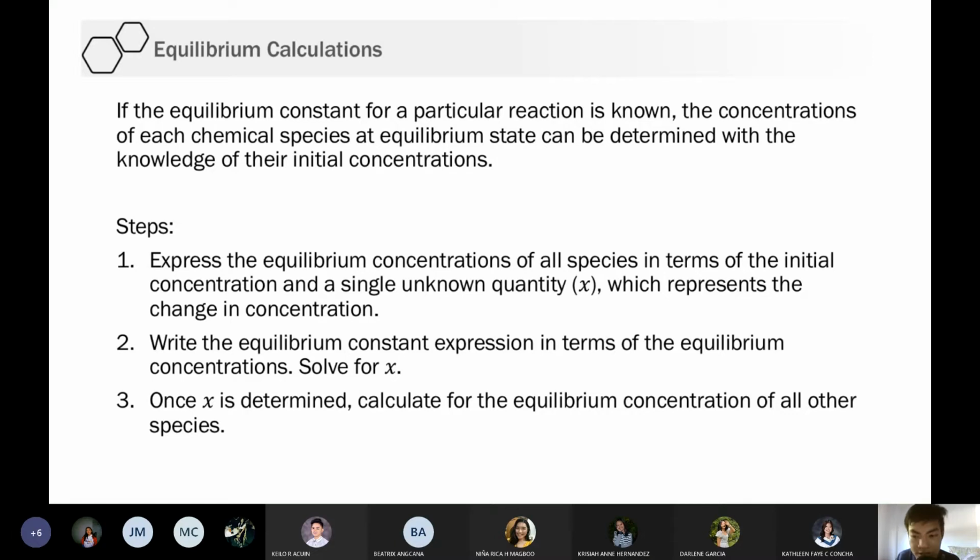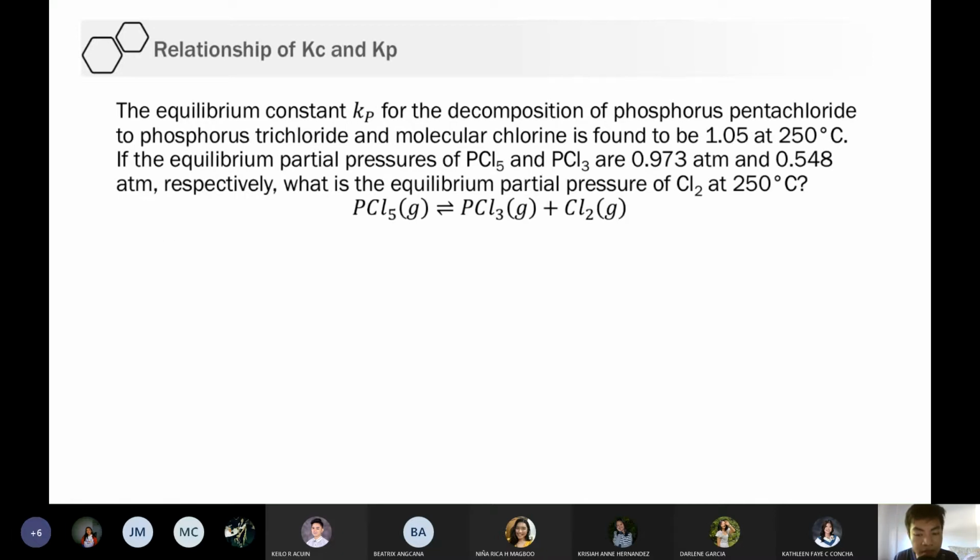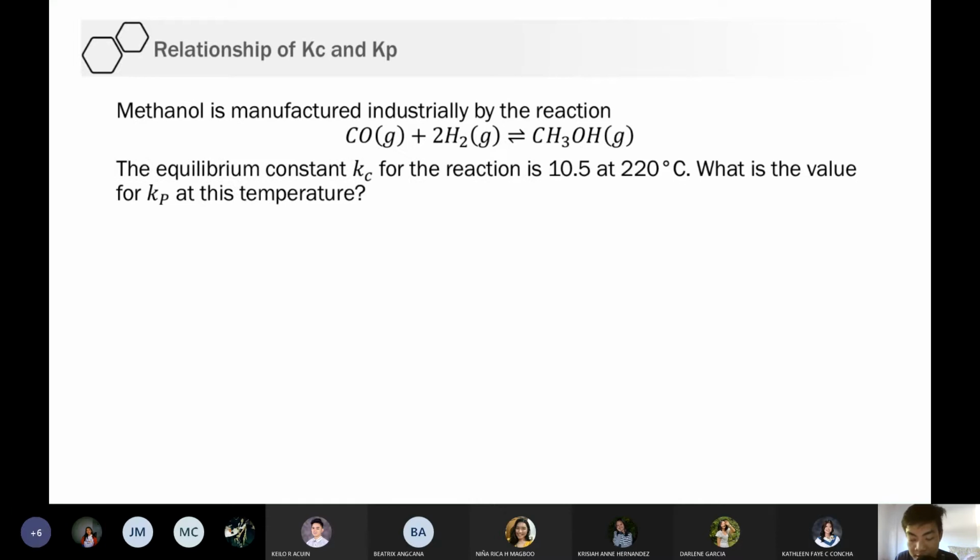How is this different from our previously answered questions? For the previous questions we answered last time, we were actually given the equilibrium amounts already.